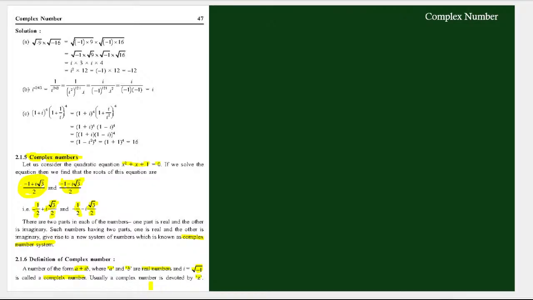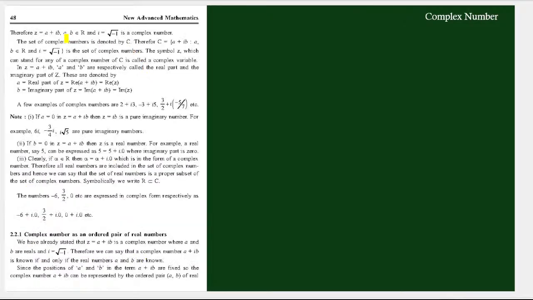Capital Z is the integers, never confuse them. The complex number is with small z. So write this in your notebook. Definition of complex number: a number of the form a plus ib, where a and b are real numbers and i equal to root of minus 1, is called your complex number.